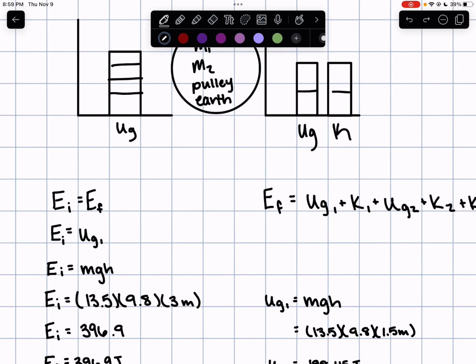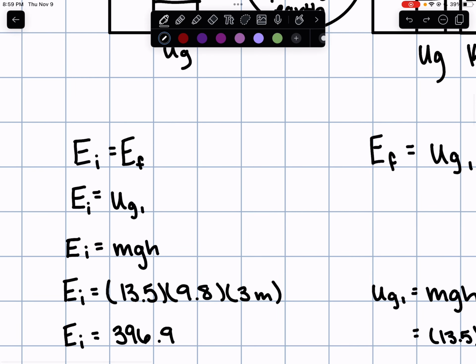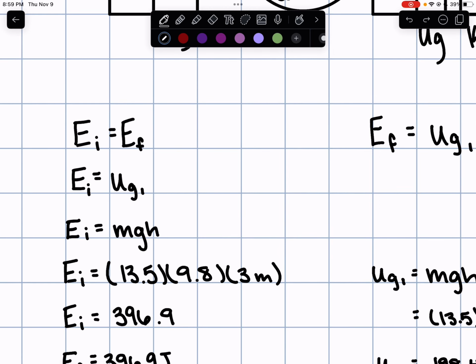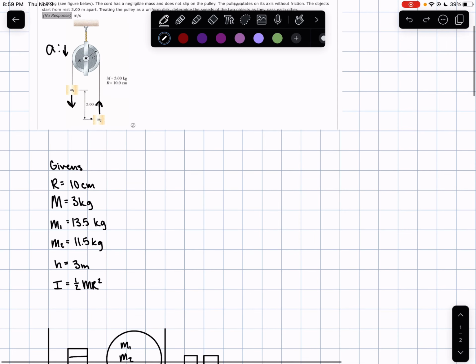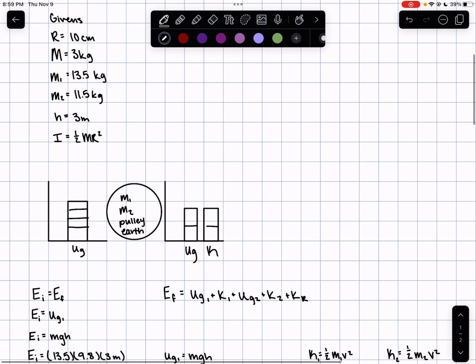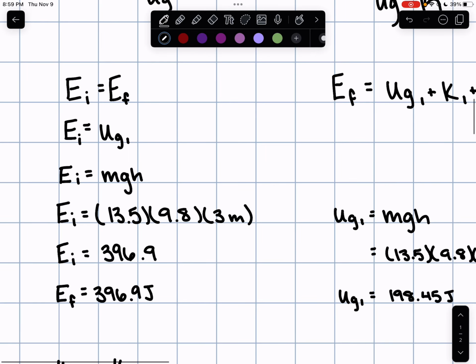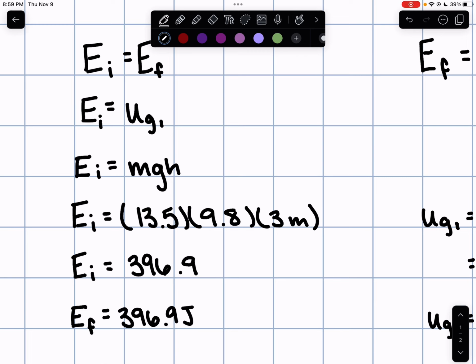So, after that, we already said that initial energy is equal to final energy. So we know that our initial energy is equal to UG, or potential energy of mass 1, because if we call this our 0 point, we know that the only energy is right here in mass 1. So we know that potential energy is equal to the equation mgh.